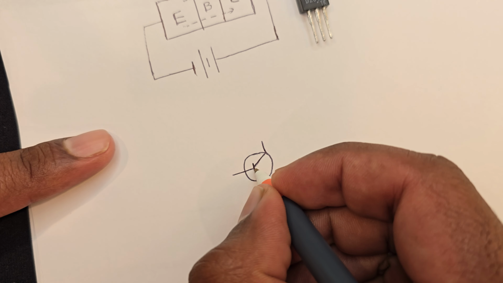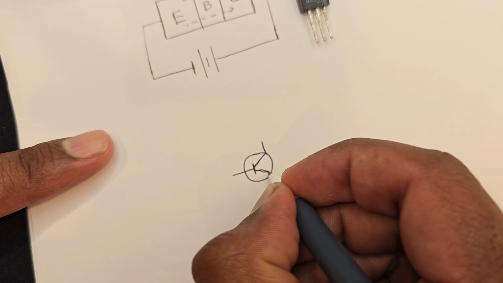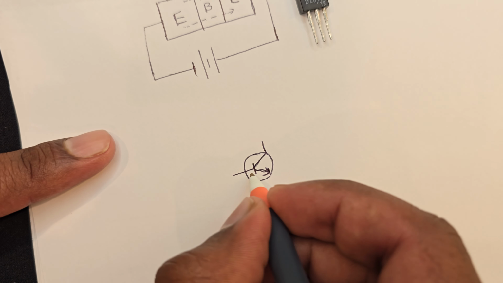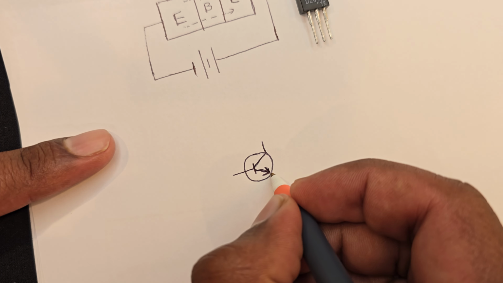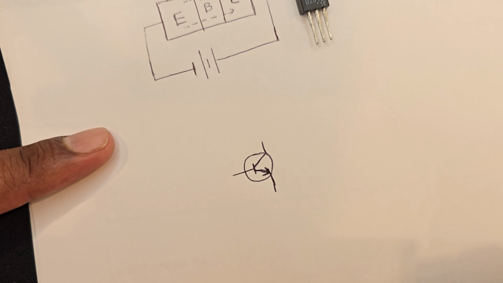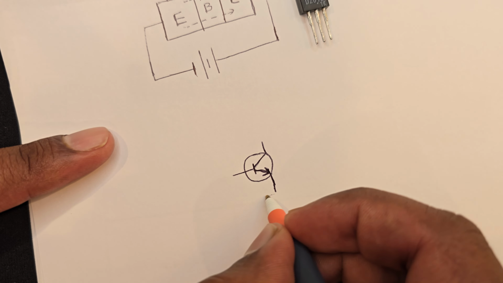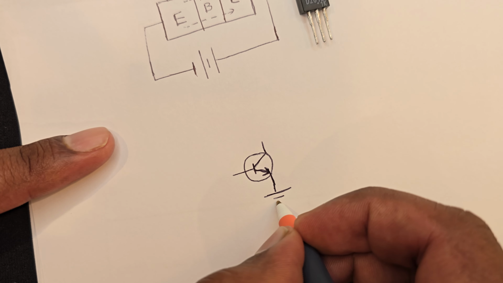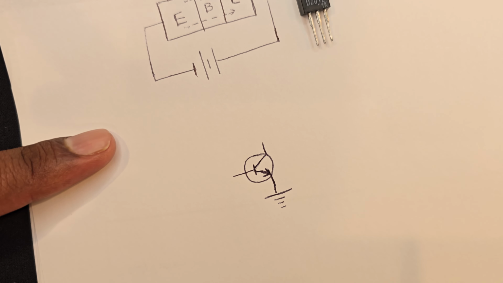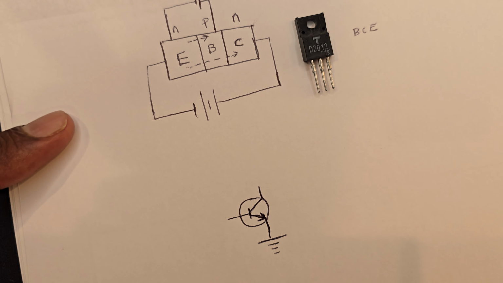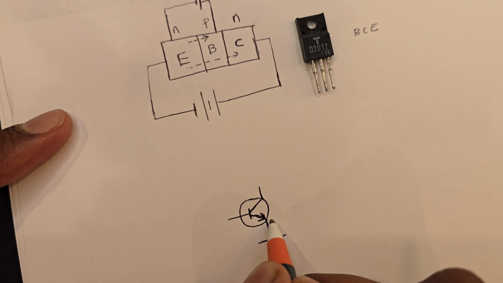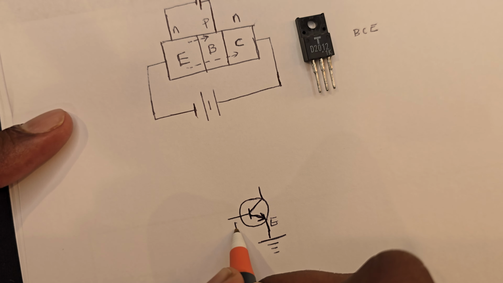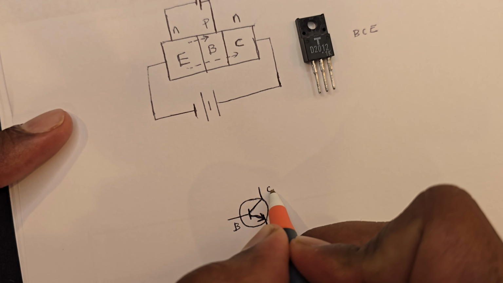So this is an NPN transistor. You draw an arrow like that. That's our emitter. We know emitter we always connect to the ground in an NPN transistor, and this is emitter, this is base, and this is collector.